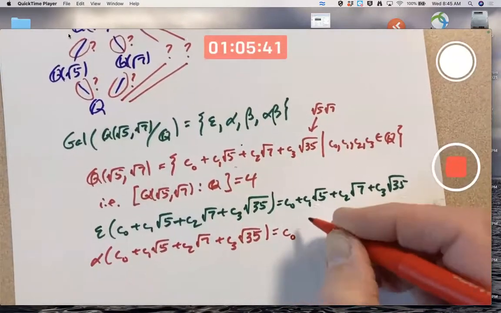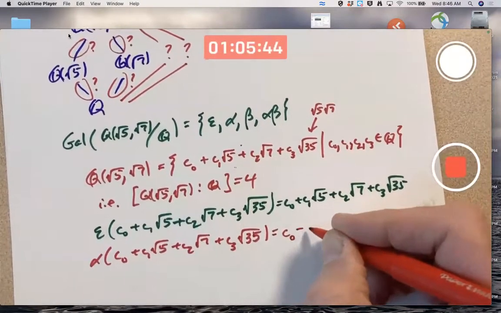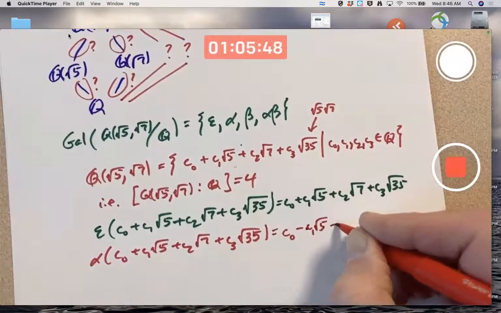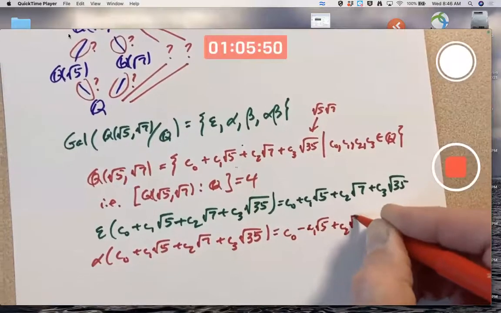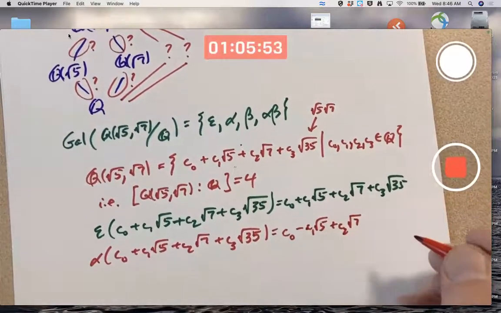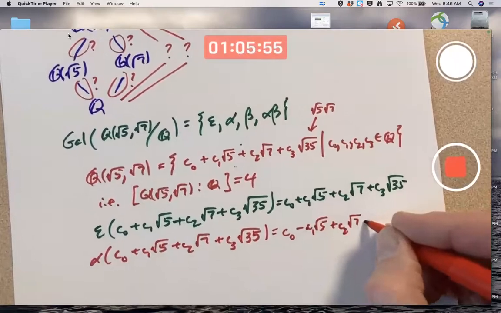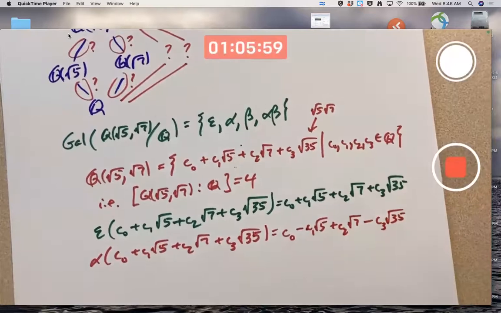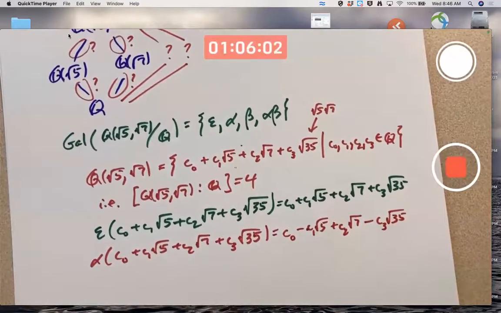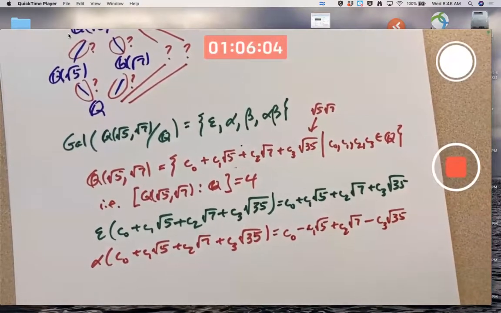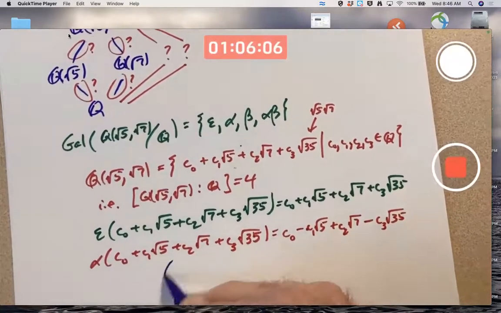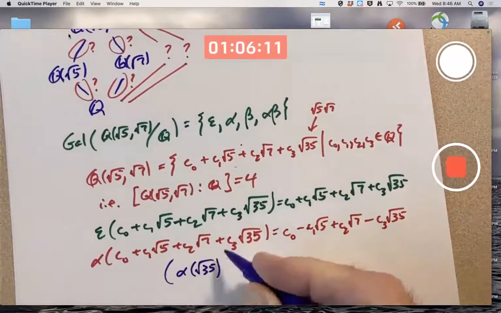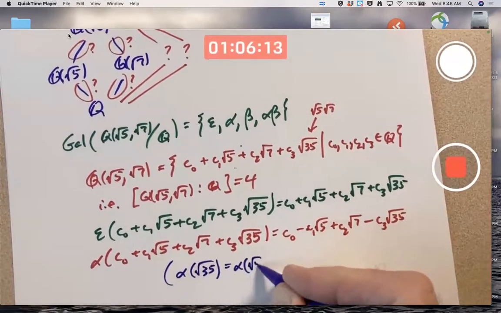If, for example, alpha is taken to map root 5 to negative root 5, but root 7 to positive root 7, then root 35 is forced to map to negative root 35. Why? Because alpha of root 35 would be the same thing as alpha of root 5 times root 7.